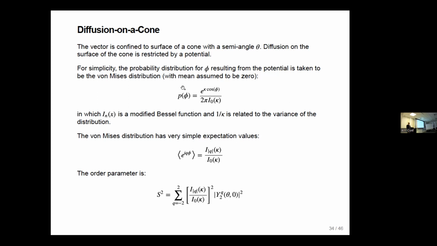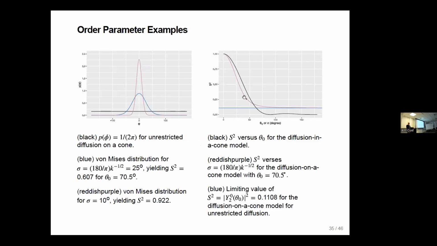So here's a potential probability distribution. It's called the von Mises distribution in the literature, and we can integrate it. These functions I are Bessel functions. And here's just some pictures.